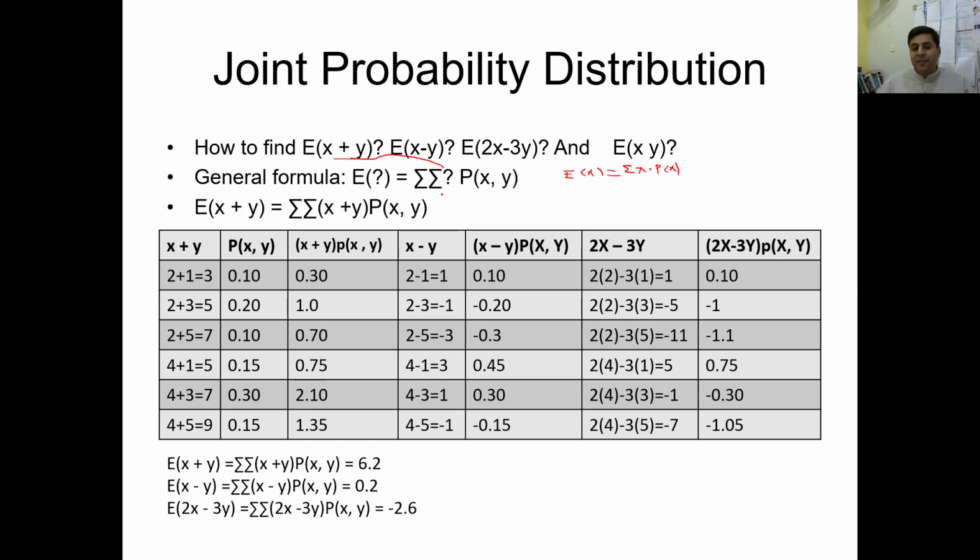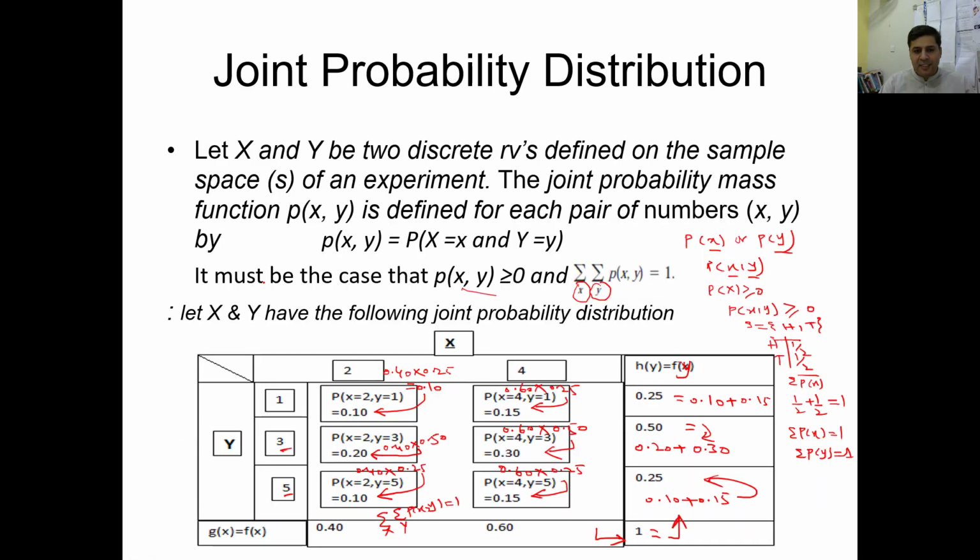Now we need to construct this example in a more explanatory way, to see how we will further calculate these probabilities. We just extract these values from the previous slides. Which slides? X plus y. So x plus y means 2 plus 1, 2 plus 3, 2 plus 5.